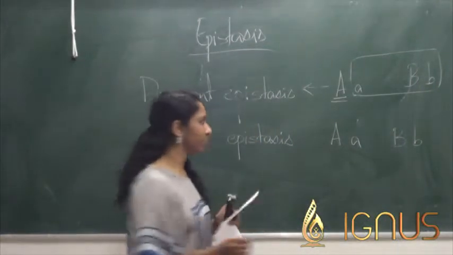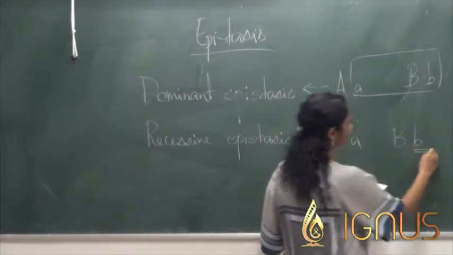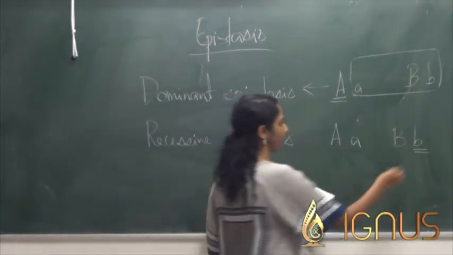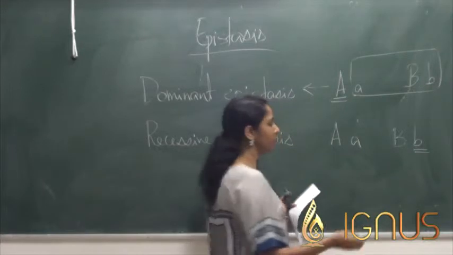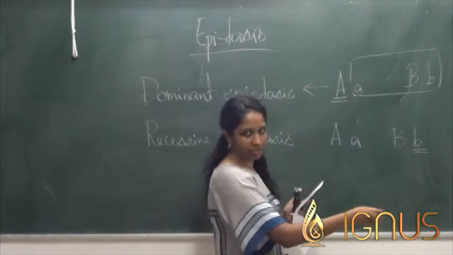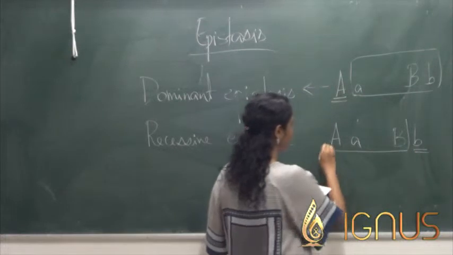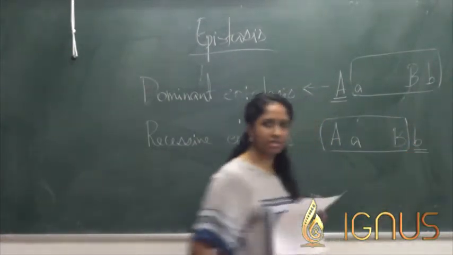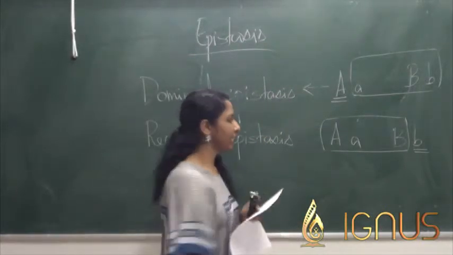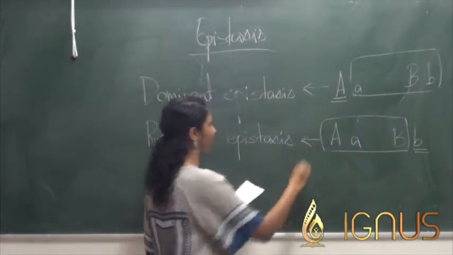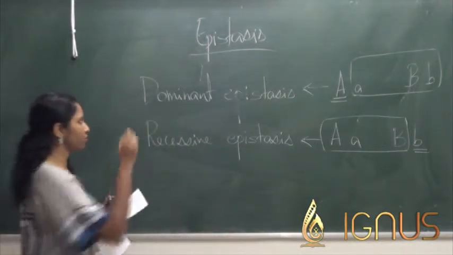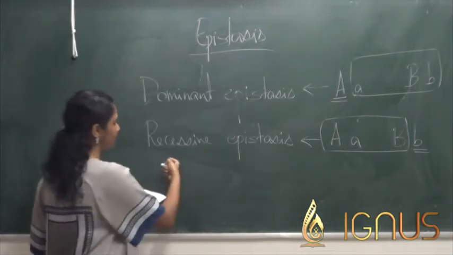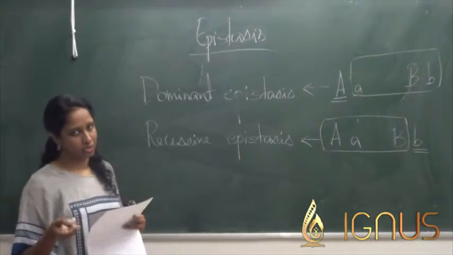Now, if you think that the gene B recessive allele, which is small b, is going to stop or mask the phenotypic expression of all of the other alleles, so all of these alleles are going to get masked by this recessive allele of gene B, then this kind of epistasis is known as recessive epistasis. So, dominant epistasis is when the dominant allele is doing the masking, and recessive epistasis is when the recessive allele is doing the masking.